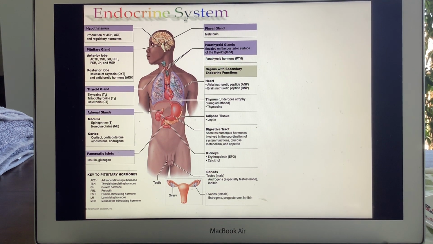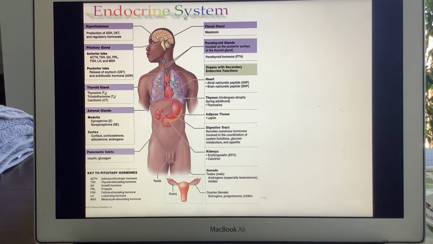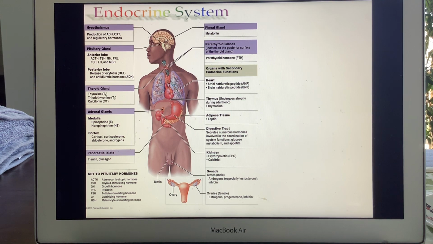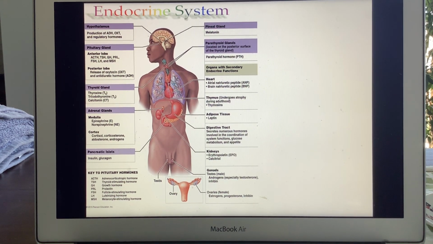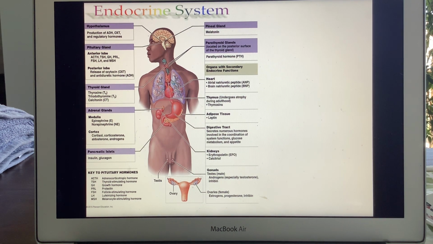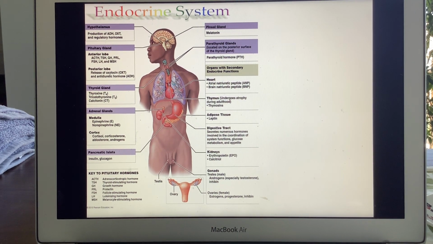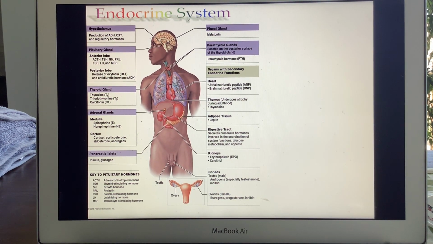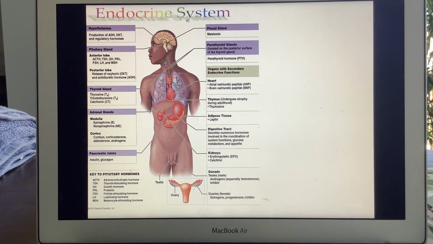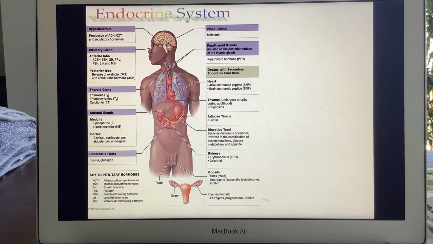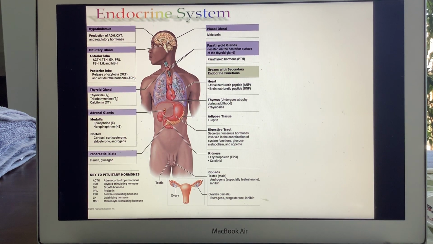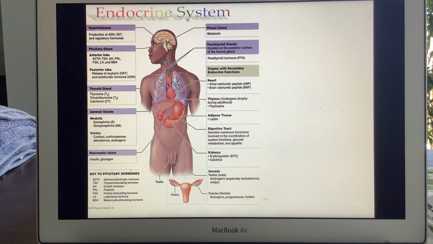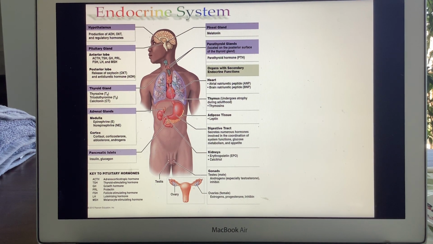If you look at this picture, you can see that we have the endocrine organs, hypothalamus, pituitary, which has two parts, the anterior pituitary or adenohypophysis and the posterior pituitary or the neurohypophysis, the thyroid gland, the adrenal glands, the pancreatic islets, the pineal gland, and the parathyroid glands.